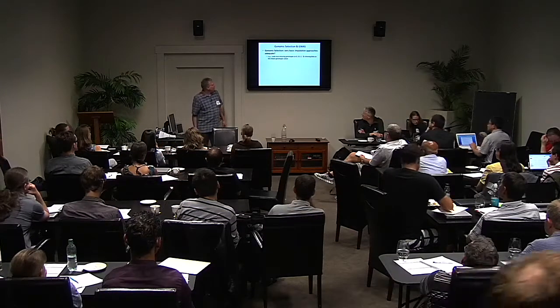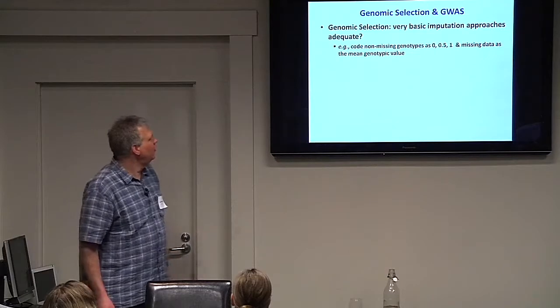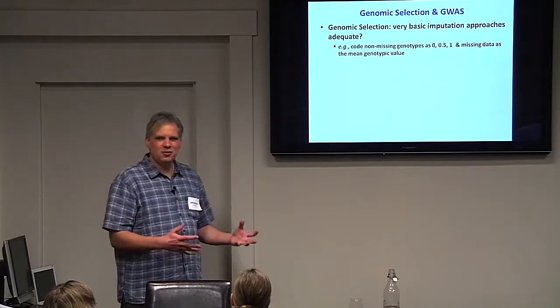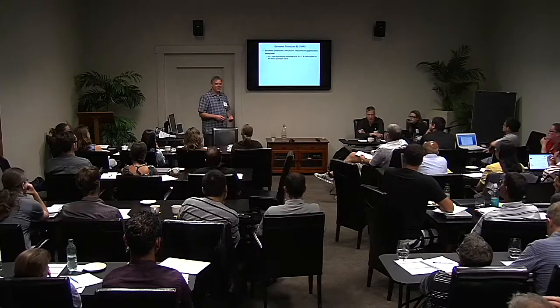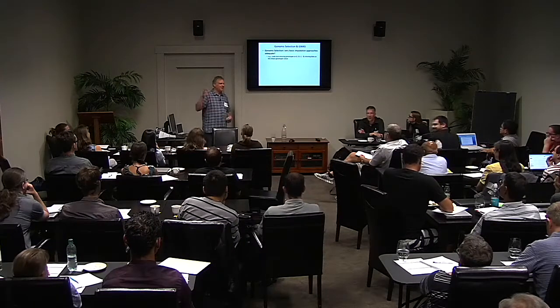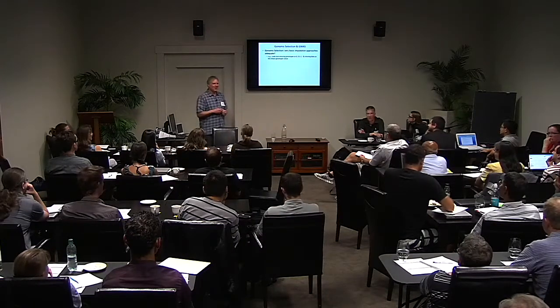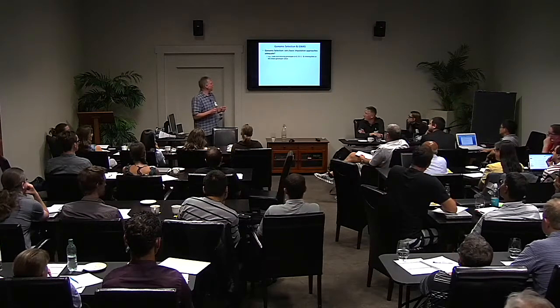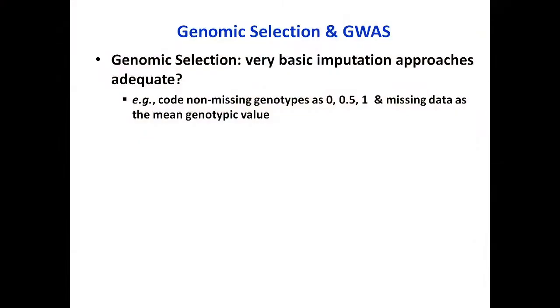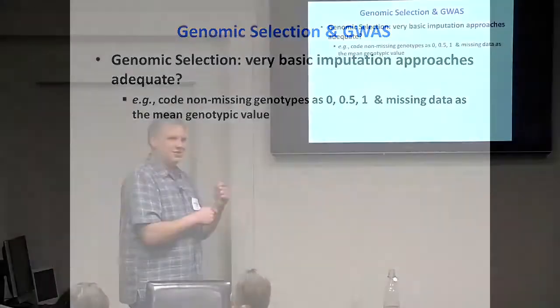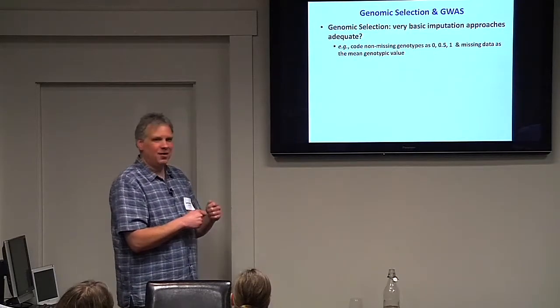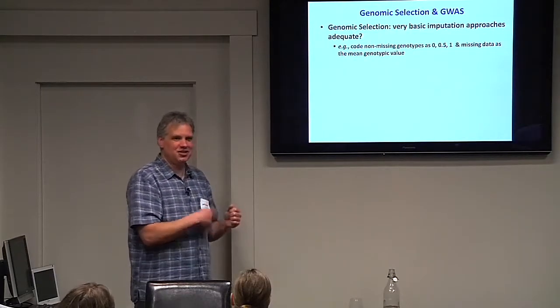Okay, so some comments on genomic selection and GWAS. Are people familiar with what genomic selection is? Raise your hands if you know. Genomic selection is when you try to use markers to accelerate breeding. You do regular breeding, but you not only phenotype, you also genotype, and then you make a model between your genotype to predict the phenotype, and then apply that model to speed up the selection cycle.